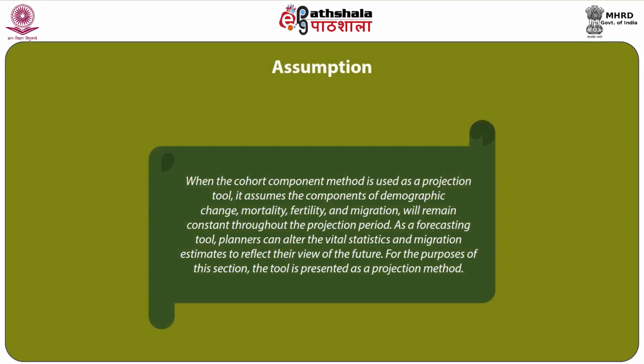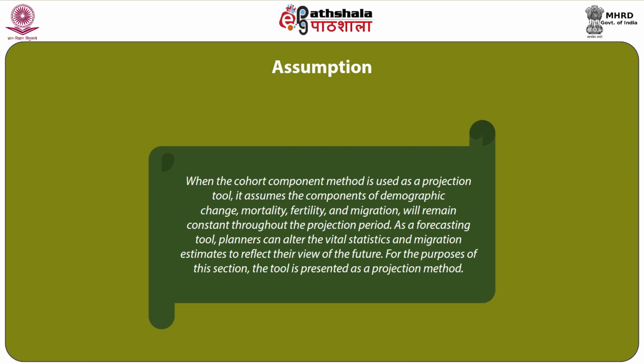Assumptions: when the cohort component method is used as a projection tool, it assumes the components of demographic change in the areas of mortality, fertility and migration will remain constant throughout the projection period. As a forecasting tool, planners can alter the vital statistics and migration estimates to reflect their view of the future.